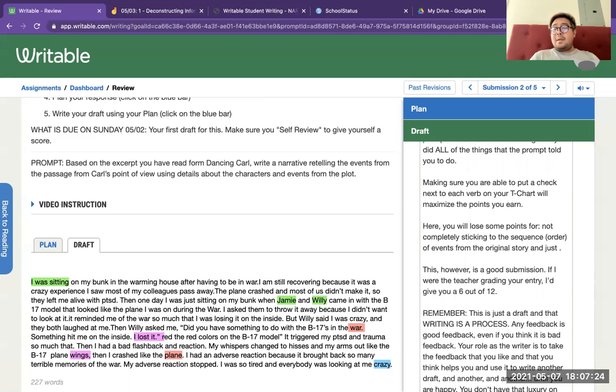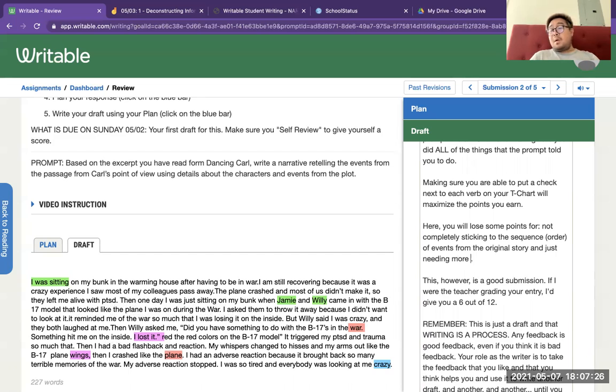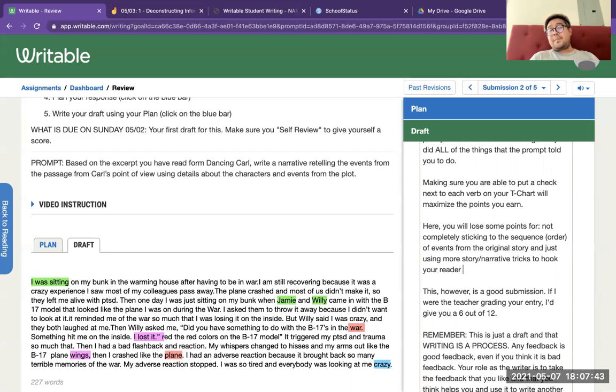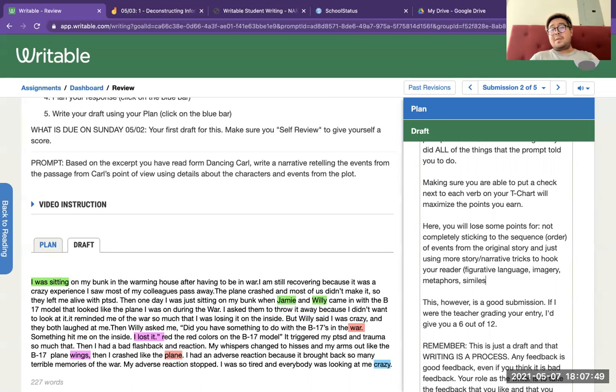And just needing more story narrative, just using more story narrative tricks to hook your reader. Figurative language, imagery, metaphors, similes.